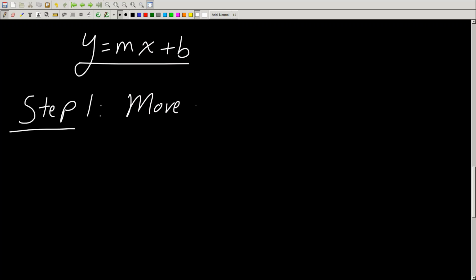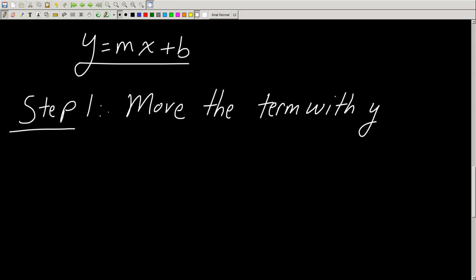Move the term with y to the opposite side of the equation.